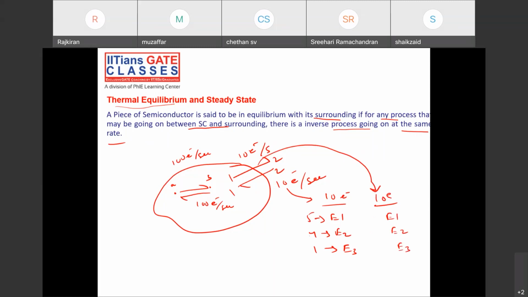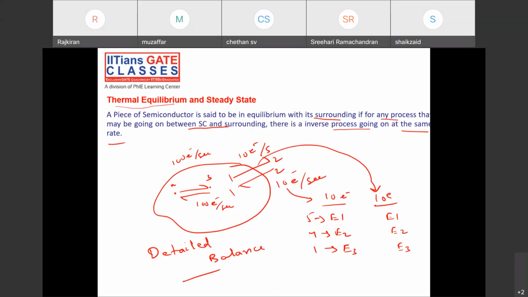At every level, there should be a reverse process. This is called the principle of detailed balance. So you go to any detail you want, there should be an inverse process at the same rate.